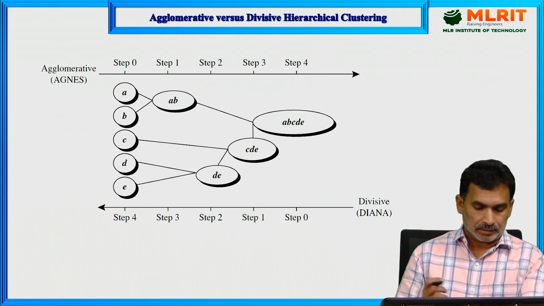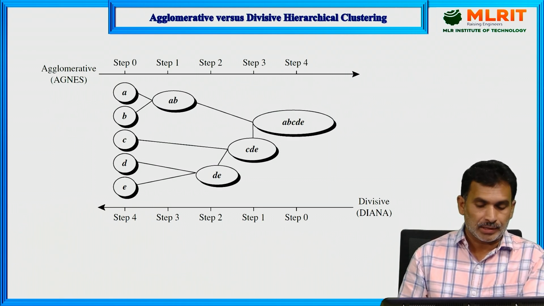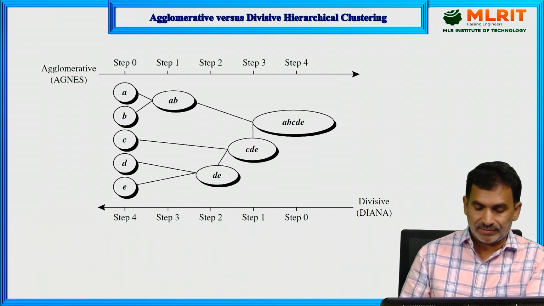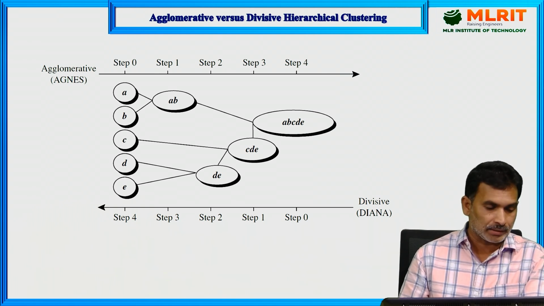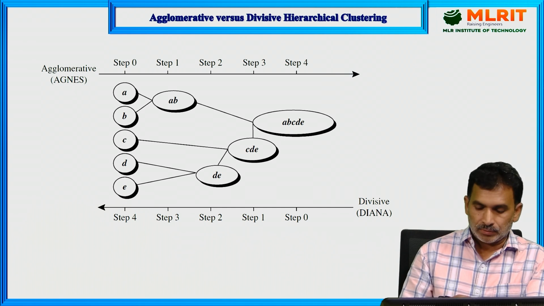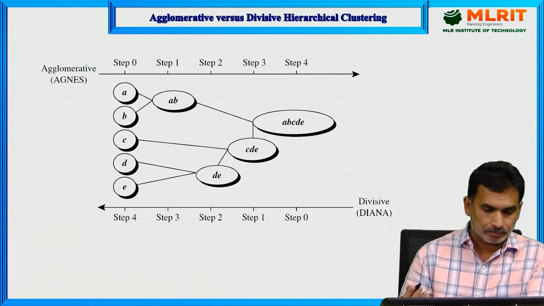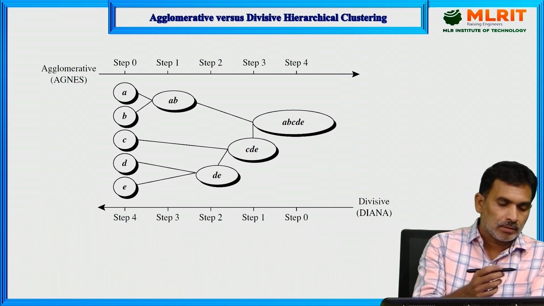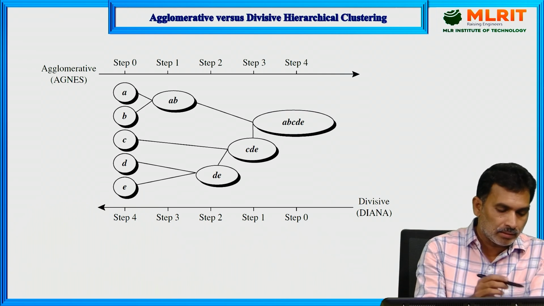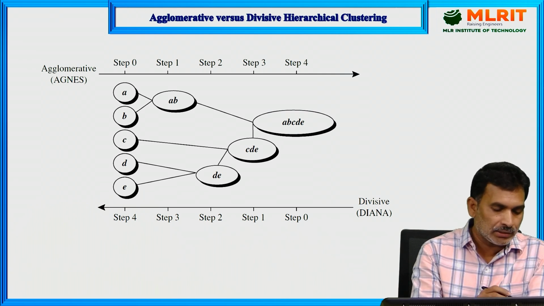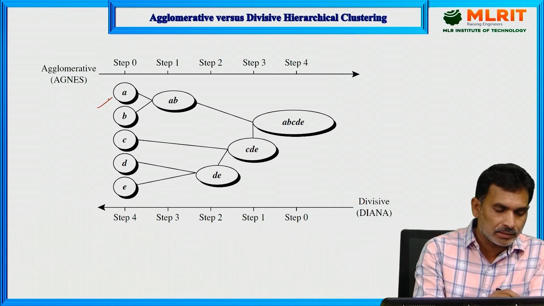Let us consider one simple example to understand how agglomerative and divisive hierarchical clustering work. Agglomerative is merging, as you can see here. As I said, initially it considers each object as one cluster.